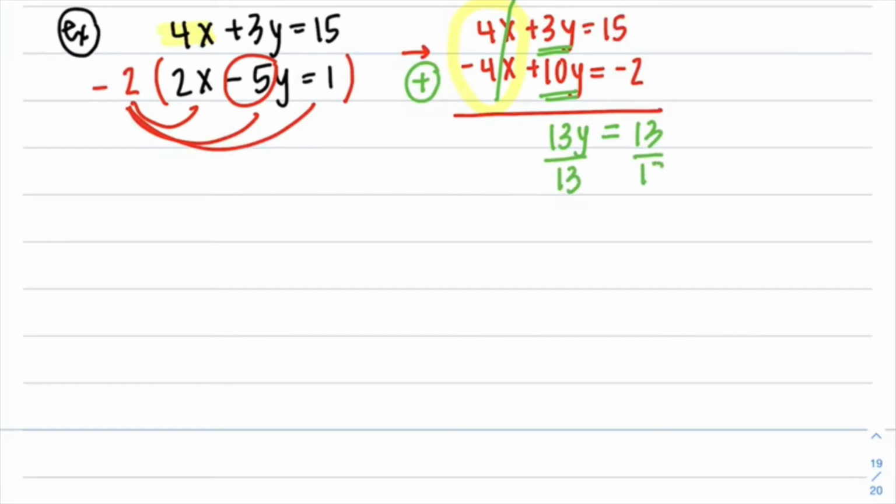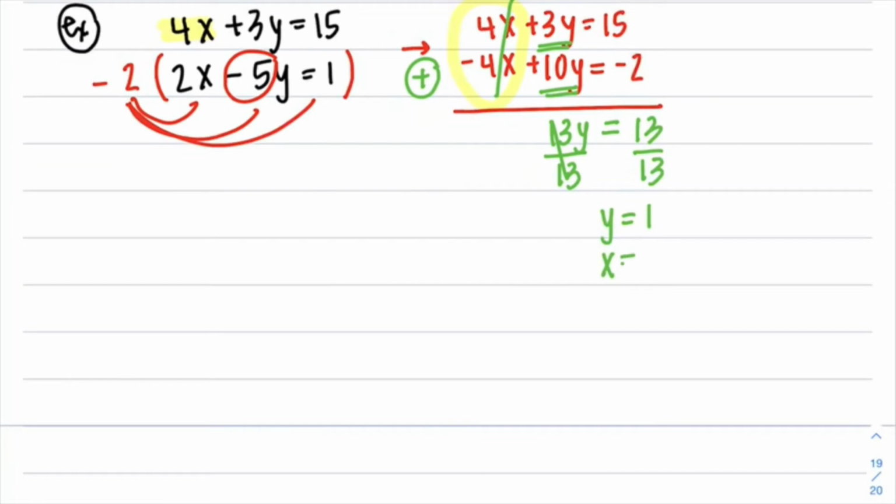Go ahead and solve for y. Y is equal to 1. And then again, you would plug that back in to figure out what your x is. When you do that, what you'll end up with is x is equal to 3. And so final answer, we can again write that as that ordered pair, 3 and 1.